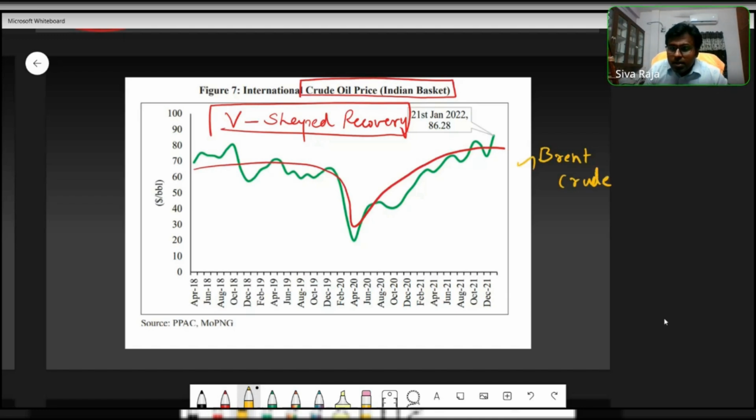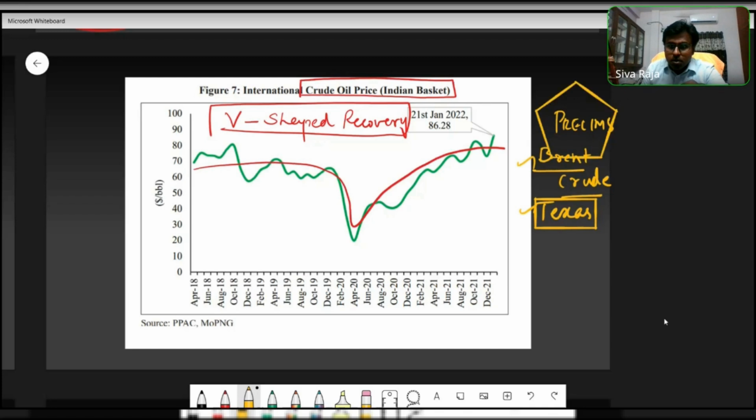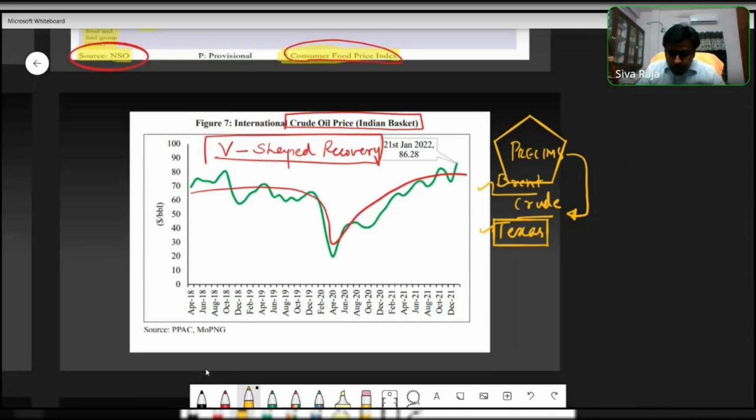There are so many indexes. In Texas, there is one index. What is this Brent crude? This is a prelims question. These are all prelims questions. These are all indices of crude oils, and they come in the newspaper every day.